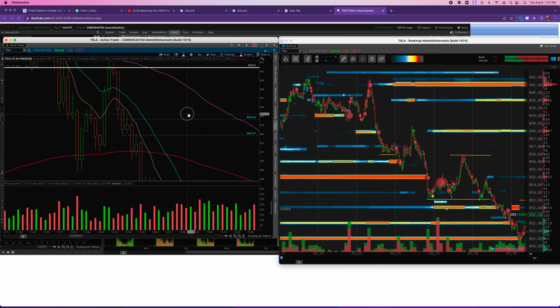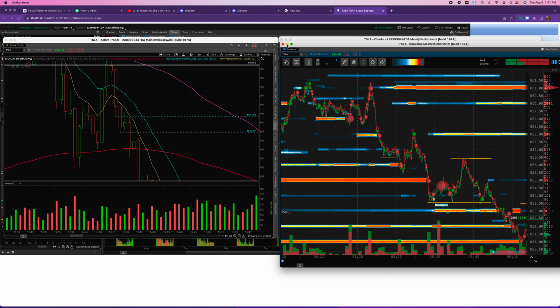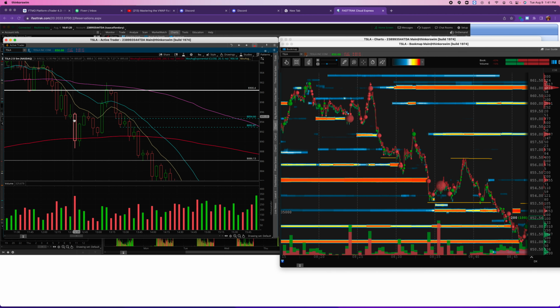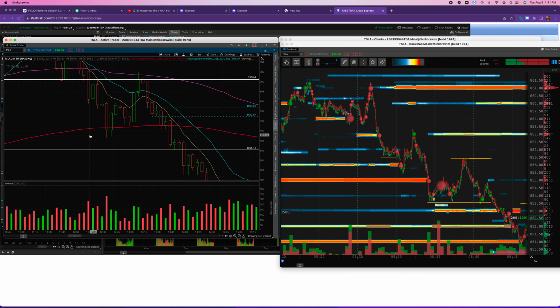Now let's zoom in on a 1-minute chart and see what this actually looks like for the sniper entries that we're going to get. Just to repeat, price is trending down, bounces up into VWAP, puts in some seller wicks around the VWAP level, and you get a strong flush down.